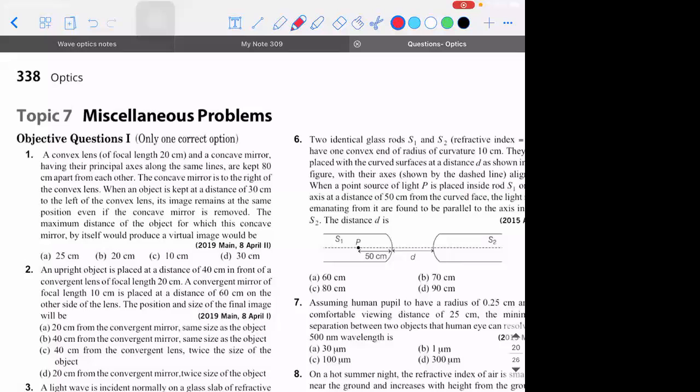So there are no example problems after this. Yeah, you can send me those screenshots. Sorry, sir. You can send me screenshots of those questions.